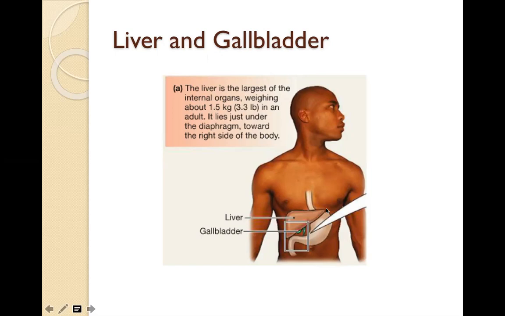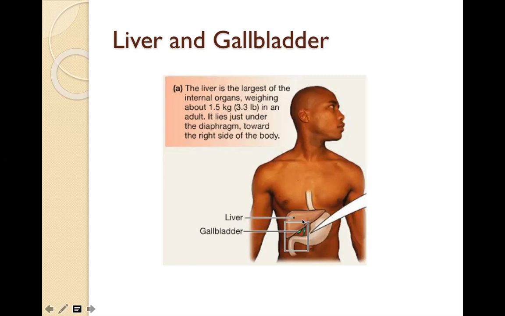The liver is on the right side of the body. It sort of covers the upper right portion of the abdominal area. It extends a little bit into the upper center area, and a little tiny bit onto the left upper area of the abdominal area.